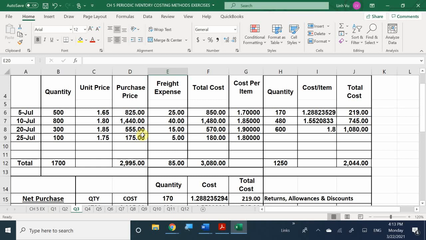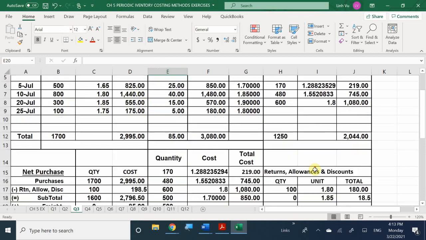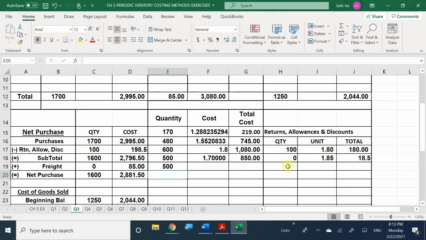So therefore, we got to do a little extra math here because now we have to compute this. Okay? So in this case, because now I made a full refund, I returned 100 items. Not only am I changing my quantity, I'm also changing my total cost. So in this case, I'm going to just go ahead and put it in here, right?